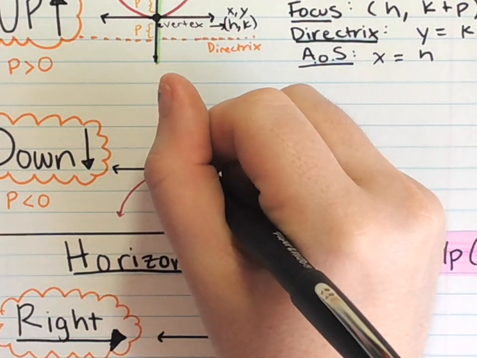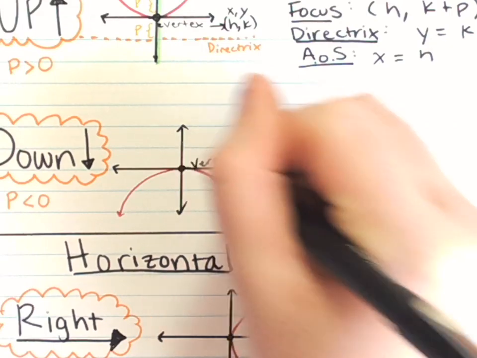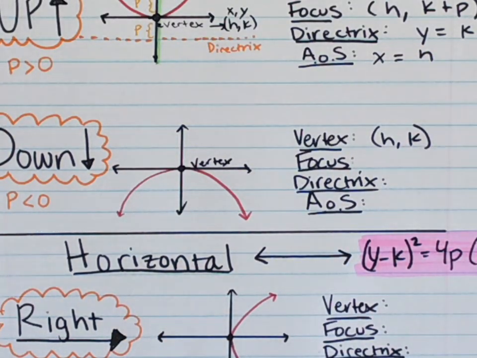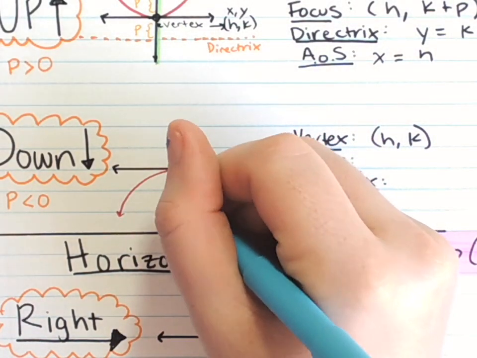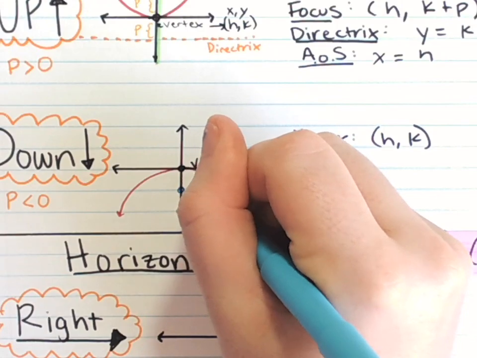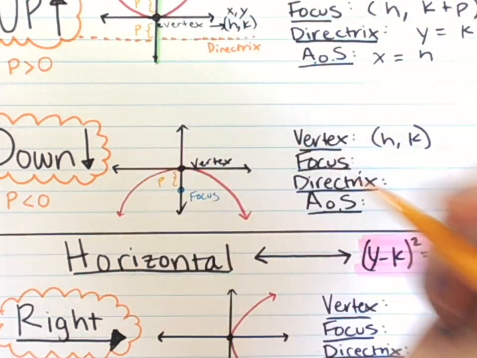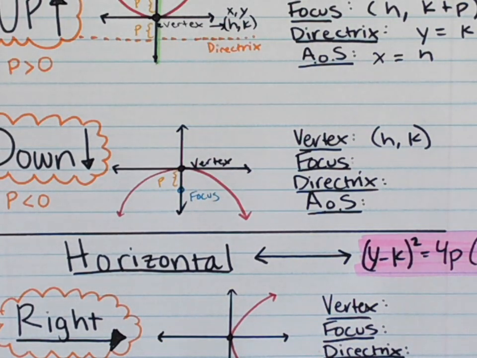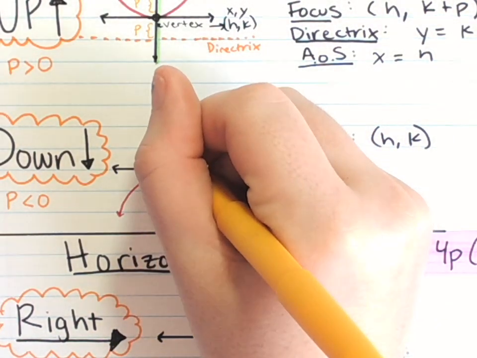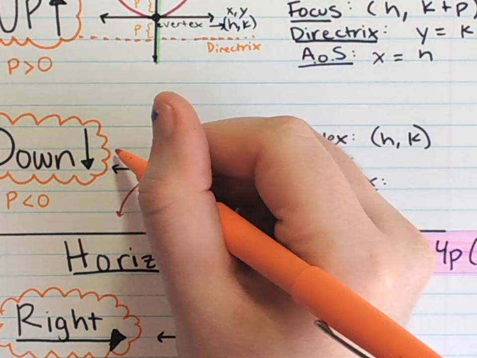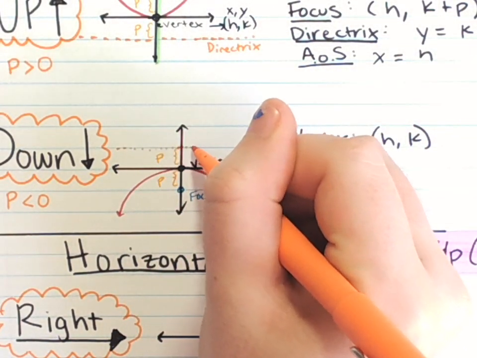So I've got my vertex, whatever that might be, h comma k. If I choose to put my focus here, p units away, that would mean I have to go the same distance the other direction to find my directrix.